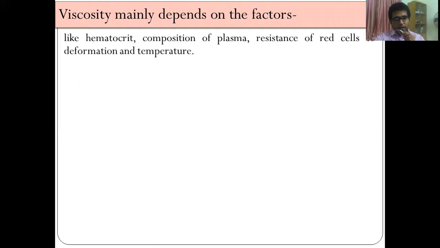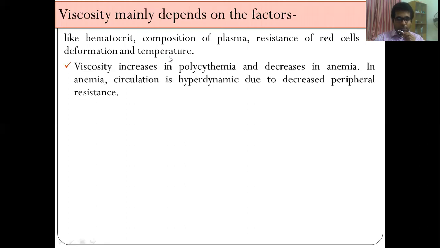Now, let me tell you something about viscosity, how viscosity affects the resistance. Actually, viscosity mainly depends on factors like hematocrit, composition of plasma, resistance of the red cells to deformation, and temperature. Here you can see that viscosity increases in polycythemia due to increased red cell production.